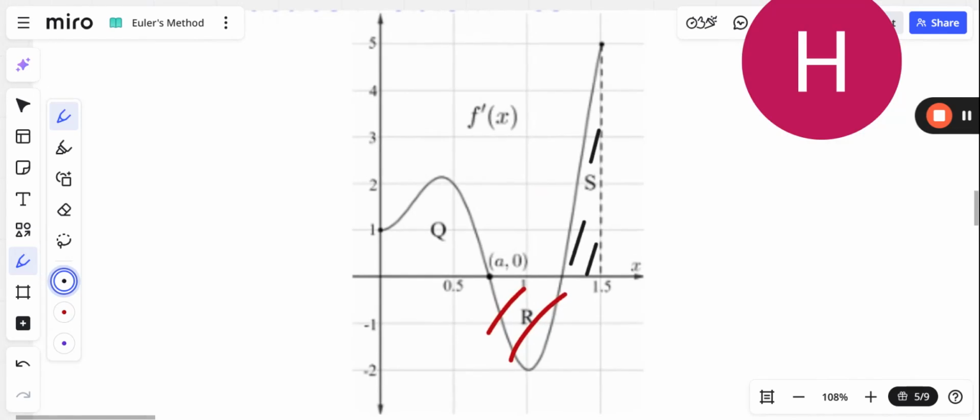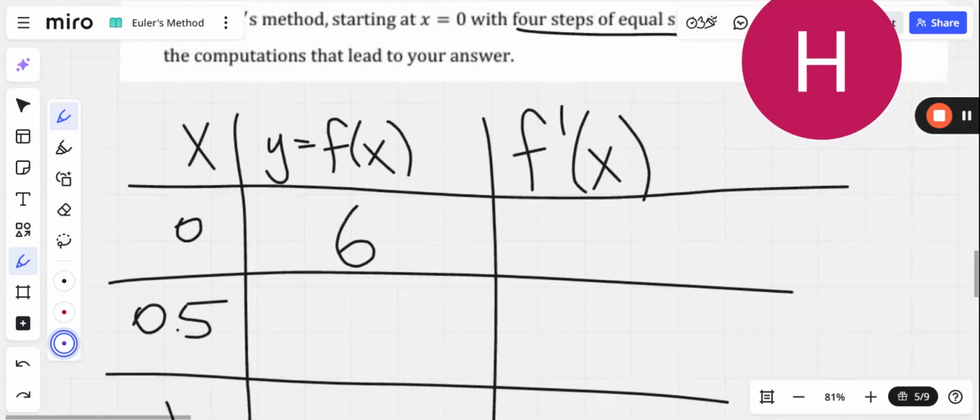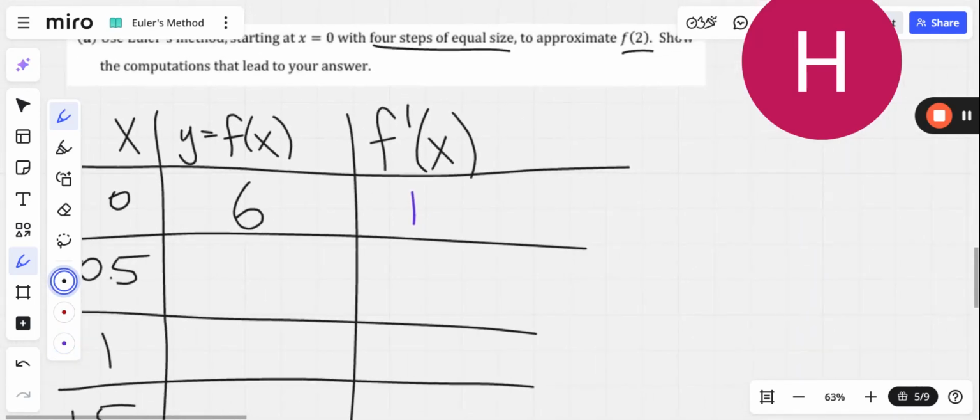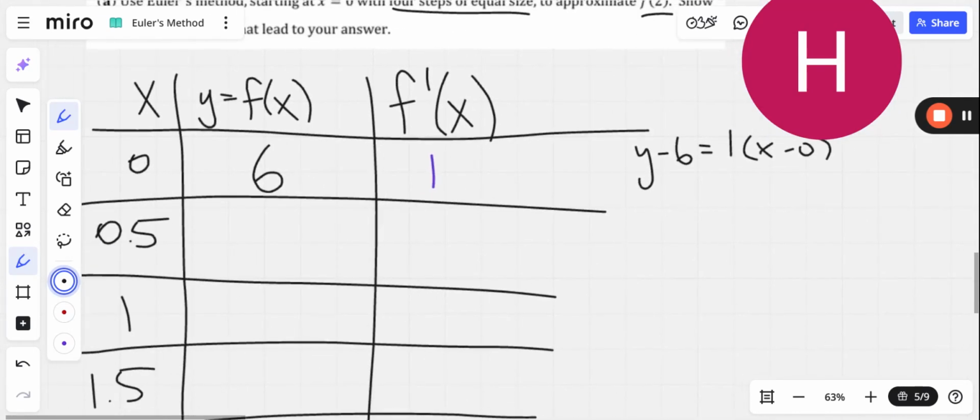So for this example that we're doing, we're always going to reference the graph to get f prime's value. So f prime at 0, well, that's just 1. So that means that the equation of tangent line here is going to be y minus 6 equals 1 times x minus 0. Well, that's pretty easy to do.